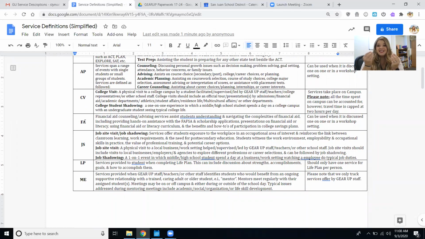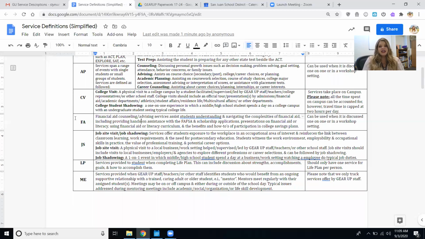Now let's drop down to FA. FA is your money code. This is when you're working hands-on, providing hands-on assistance. This is when you're sitting down with a student and going through the FAFSA with them, or when you have a kid with a scholarship essay, or asking what do I put on the scholarship for this?